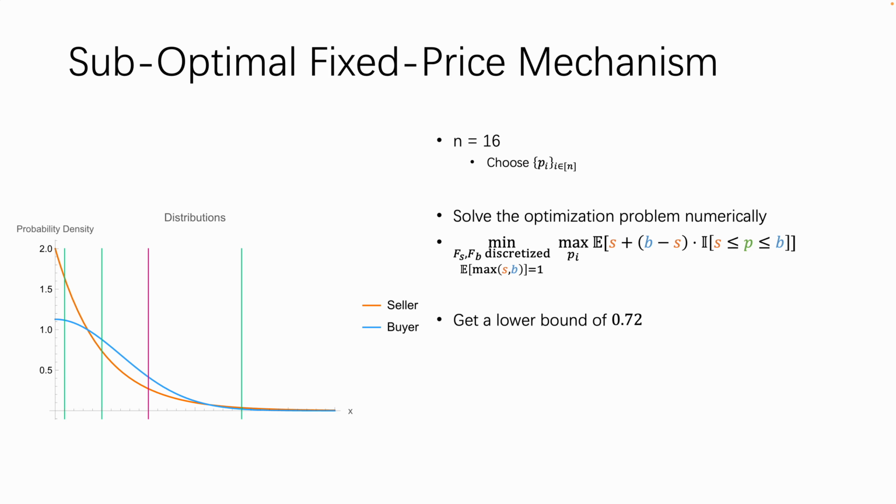So here we just set n to be 16 and choose a specific set of parameters pi, and then we are able to solve this optimization problem numerically and get a lower bound of 0.72. So this is how we provide the lower bound for the full prior information setting.